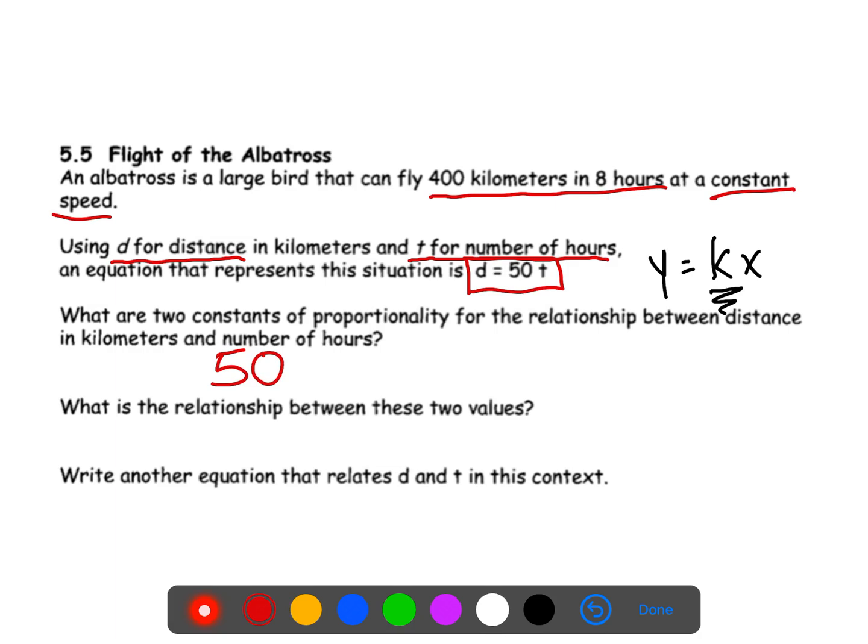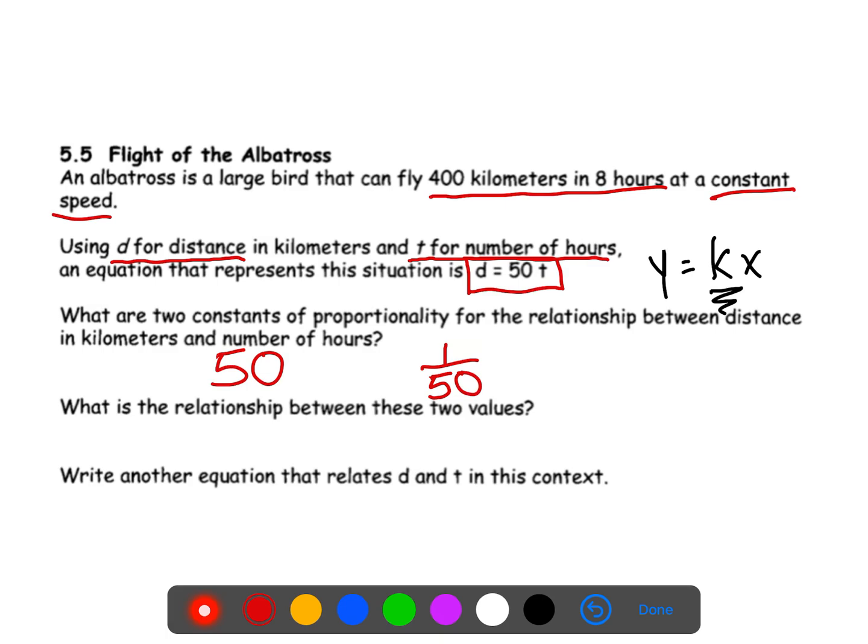Now, based on the last example, it seems like the other constant of proportionality would be the reciprocal of this. The reciprocal of 50 is going to be 1/50th, 1 over 50. So based on that, that's what I believe it would be.